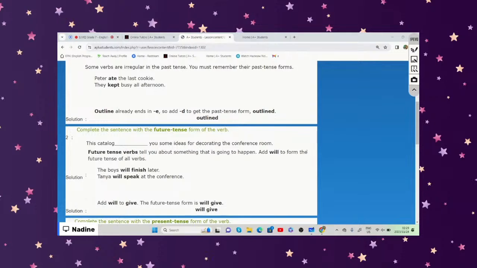And it shows us that something is going to happen. For example, the boys will finish later. They're still going to do that. And Tanya will speak at the conference, meaning that it can be tomorrow, next week, or next month, but she will still have to speak at the conference.